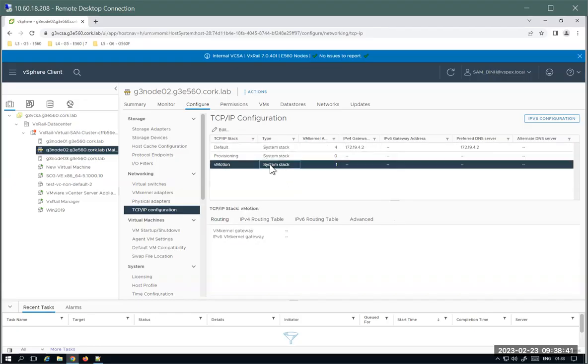Okay, one extra question here. We have vMotion here. Let's say the customer wants to migrate all the VMs from this cluster to another cluster. What does the customer need to do? You told me this vMotion is for this cluster, right?